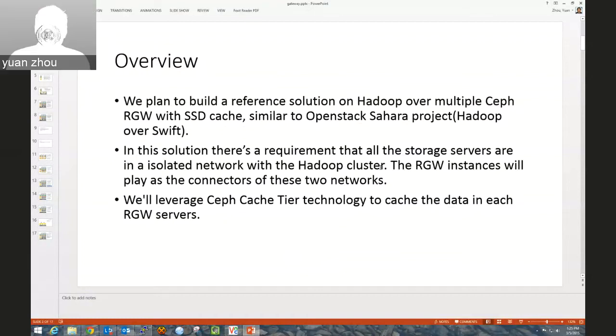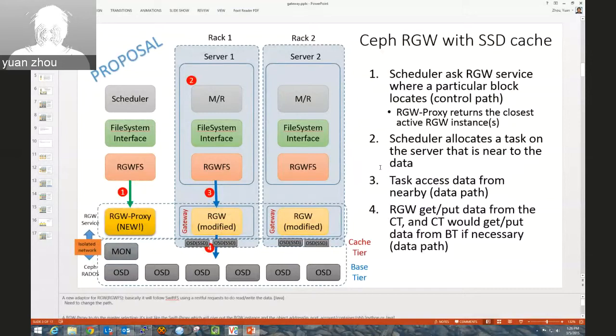Okay, so this is a general proposal of our solution. You can see from the left picture, we actually have four components related with Ceph. The first is RGWFS, which is a plugin for Hadoop that makes Hadoop able to talk to Rados Gateway directly.